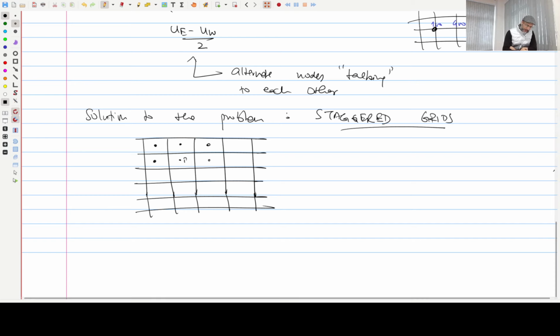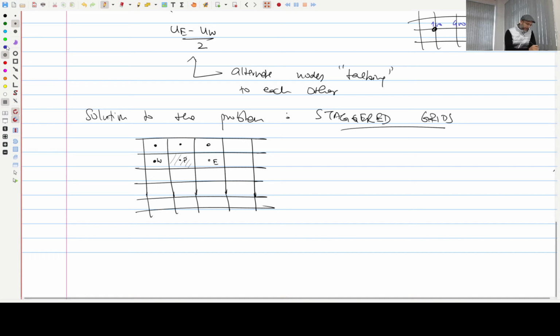So this was, let's say, the pth node, then we had the east, the west, and so on. Now what we'll do is have different control volumes for different fields. Earlier, the same control volume was used for all three fields, u, v, and p. So you were calculating u at the center of the control volume, capital P, and the same for v and the same for p. But now we'll have different control volumes.